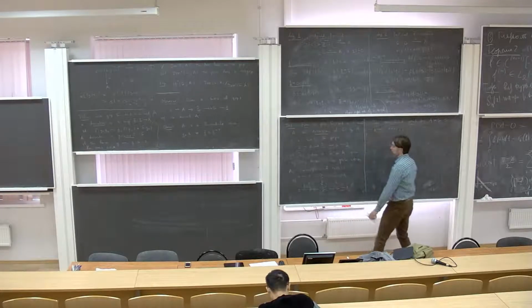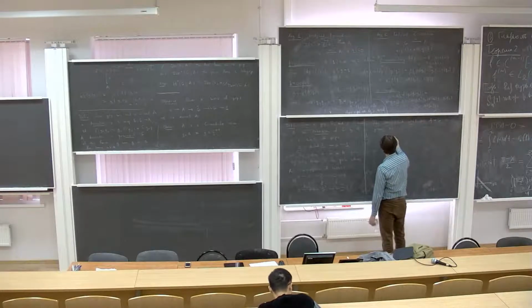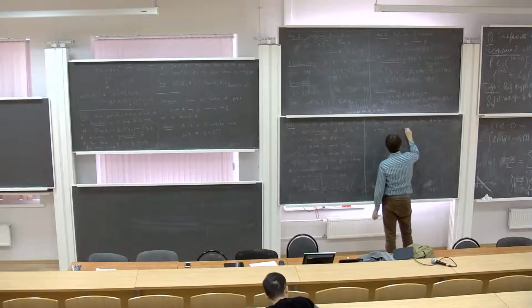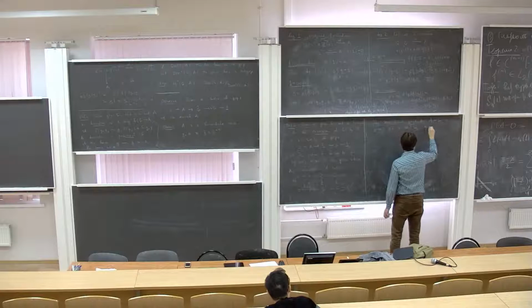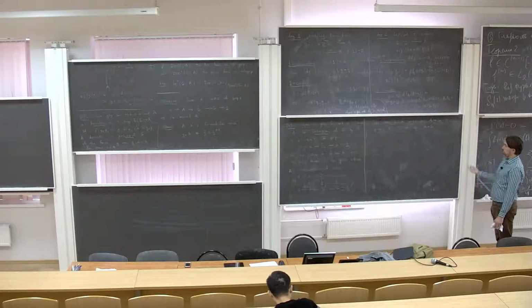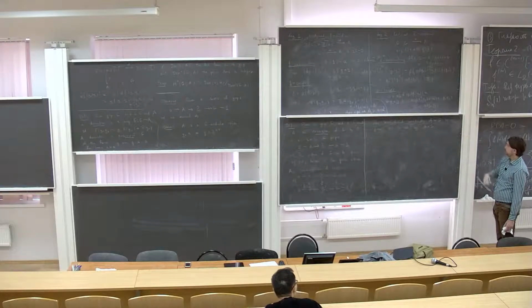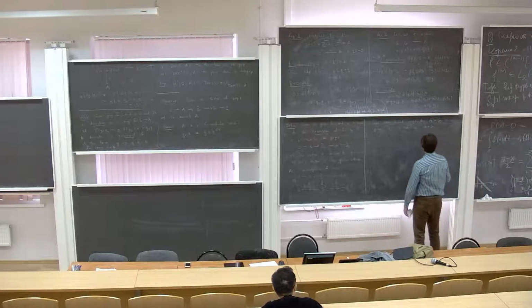I'm going to tell you what the multiplication is. You can check that it defines a group structure. So as a set, it is given by A cross G. However, because G acts on A, the multiplication is going to be twisted by that. So it's not just going to be the direct product of groups.